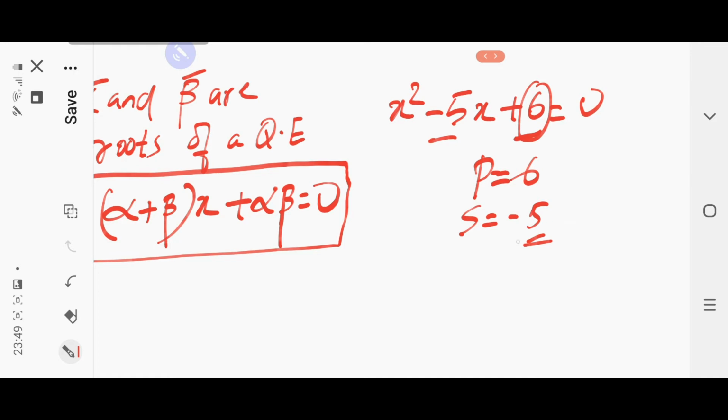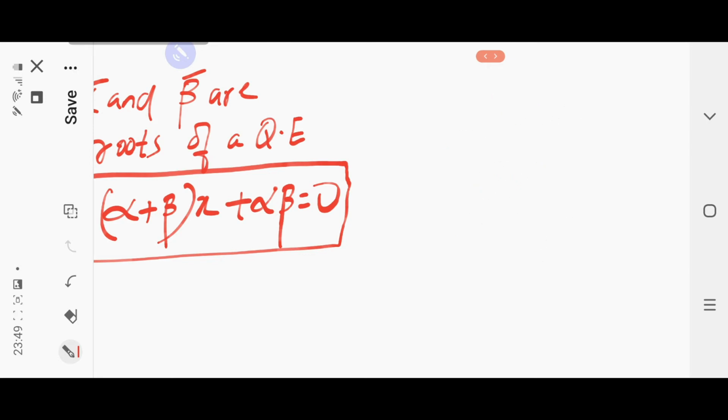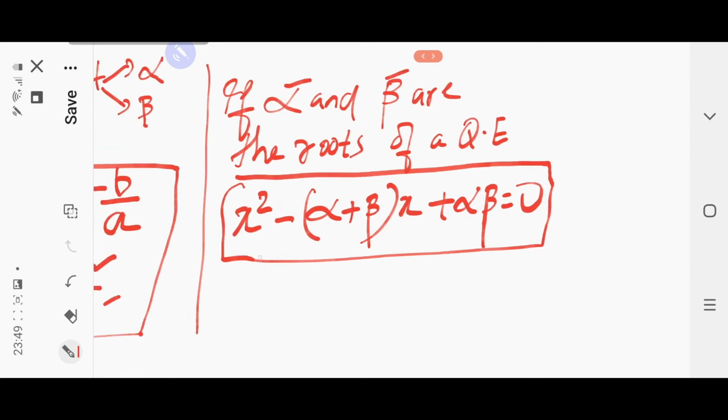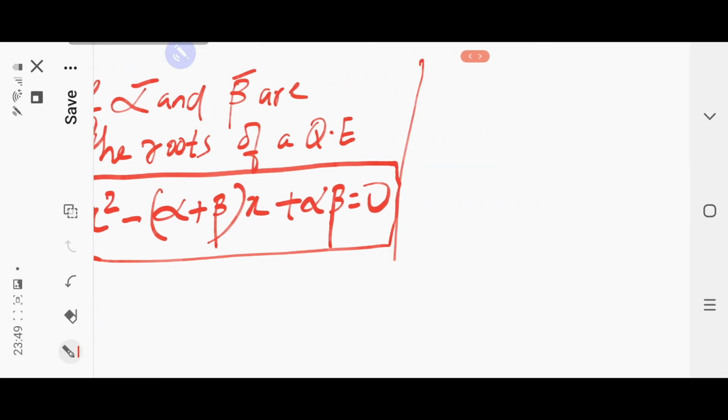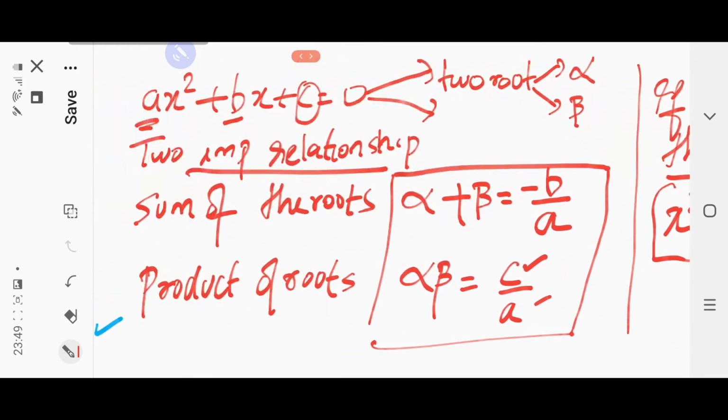Same way, if alpha and beta are the roots of a quadratic equation, then that equation will be of the form x square minus (alpha plus beta) x plus alpha beta.